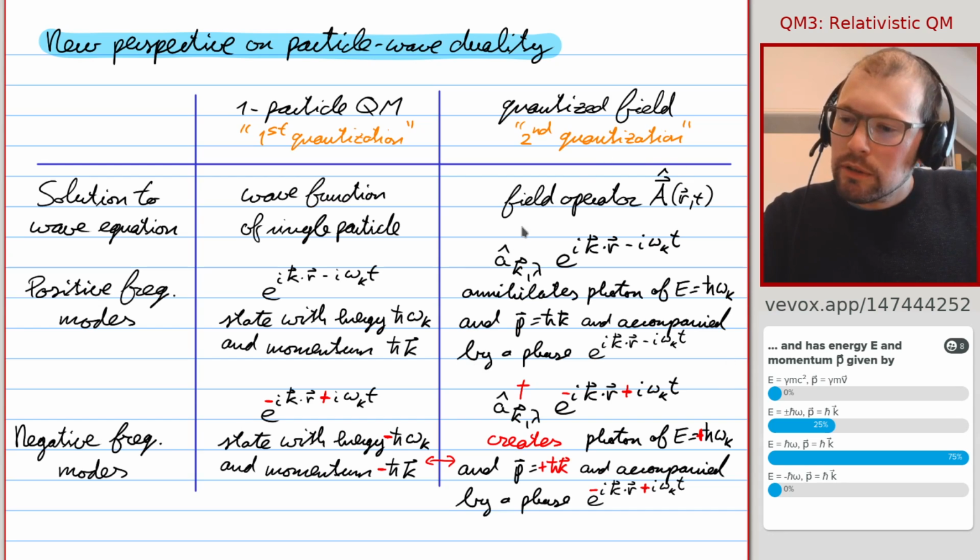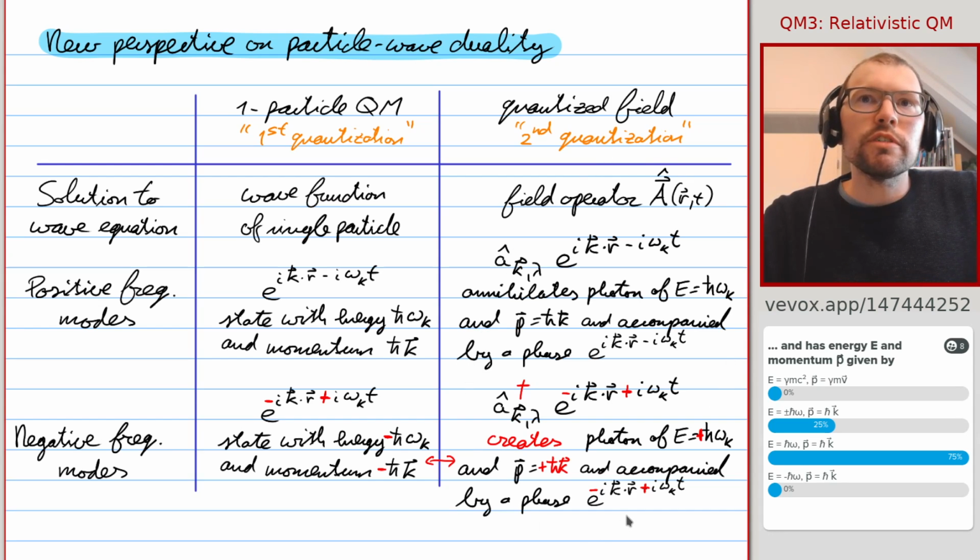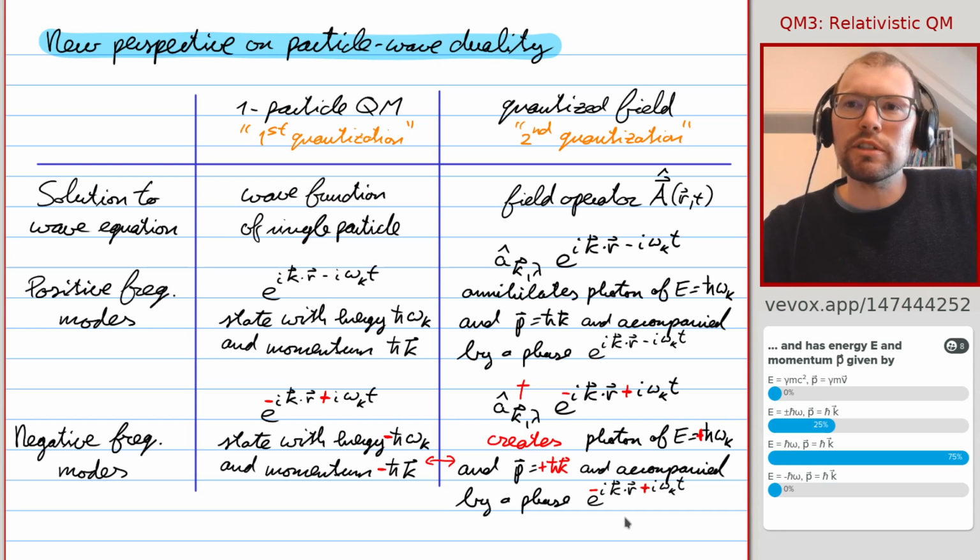Later, we'll apply the same philosophy also to the Dirac equation and the Klein-Gordon equation itself, really interpreting them as classical wave equations which still need to be quantized, and seeing that there is no negative energy problem after all. Before that, next week I'll go into some applications, some consequences of the quantization of the electromagnetic field.